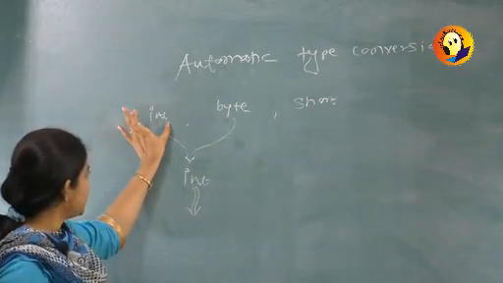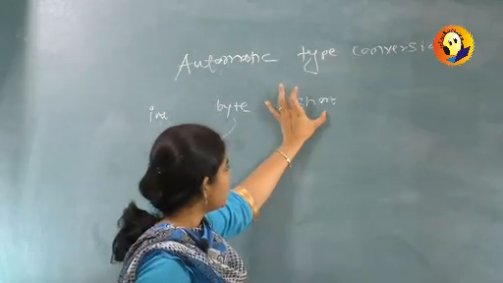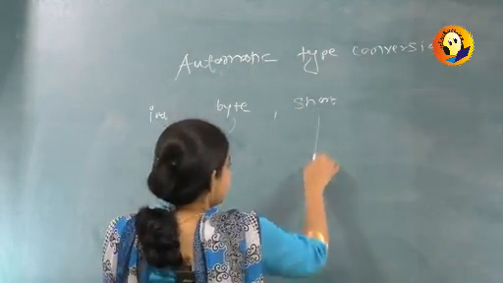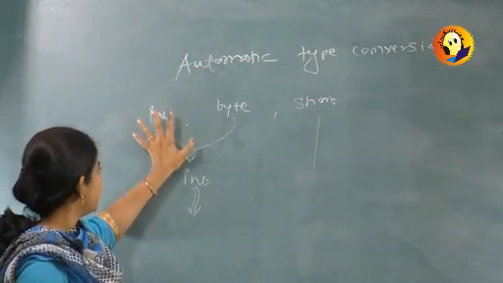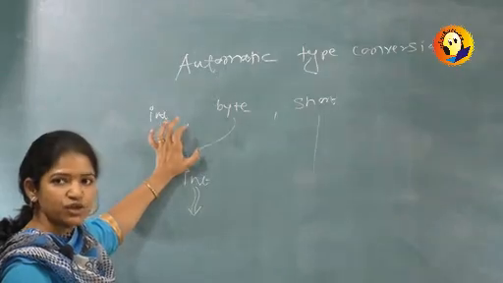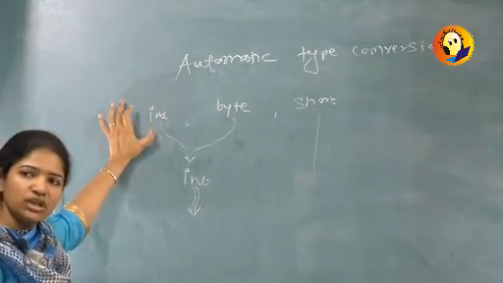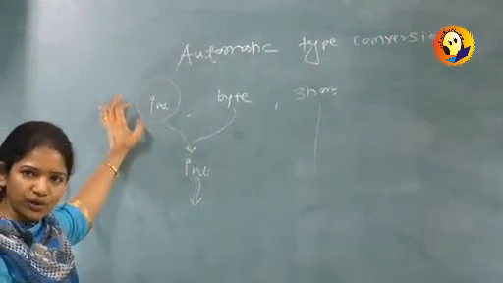If one variable is of integer type and another is of short type, we need to consider both as integer type and compute the result accordingly. Same, if the variables are of integer, byte, short and char type, then we need to consider all of them as integer type and compute the result accordingly.